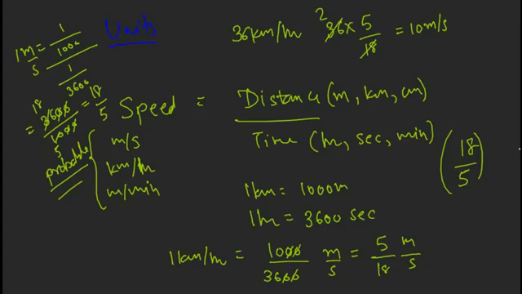So 18 by 5 and 5 by 18 are conversion factors, and you need to remember them. So this was all about units, a brief talk about units. Now let us see our next concept.